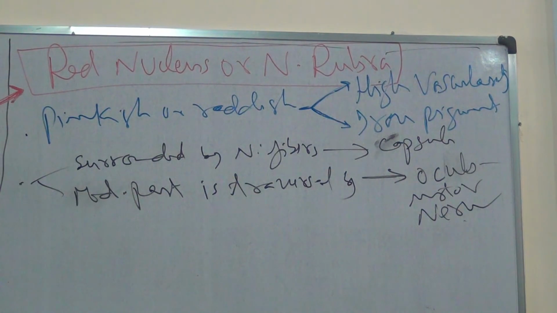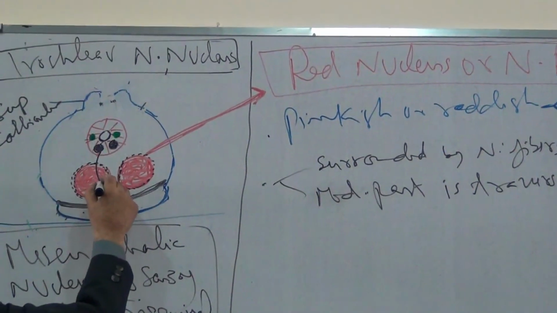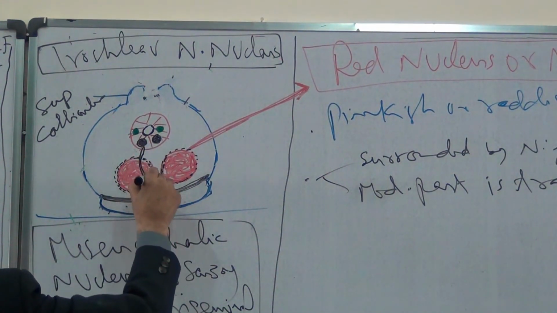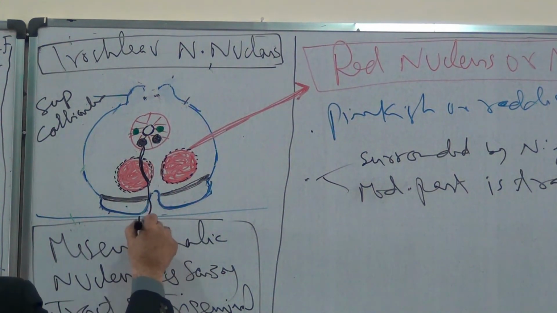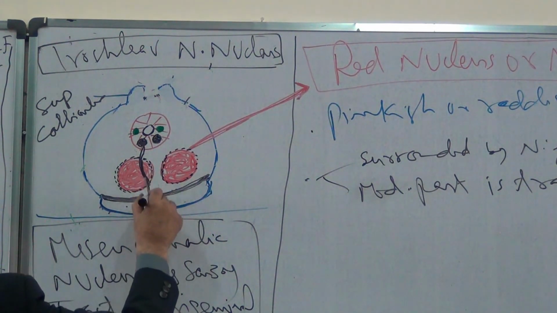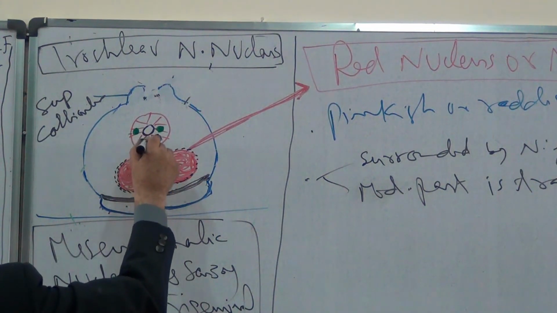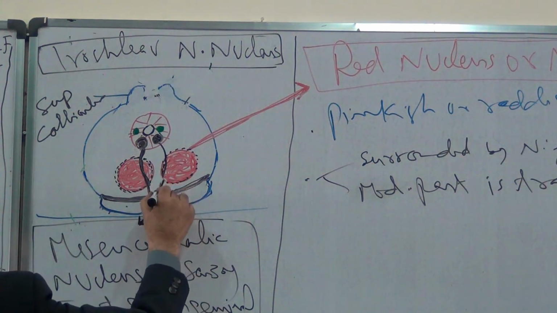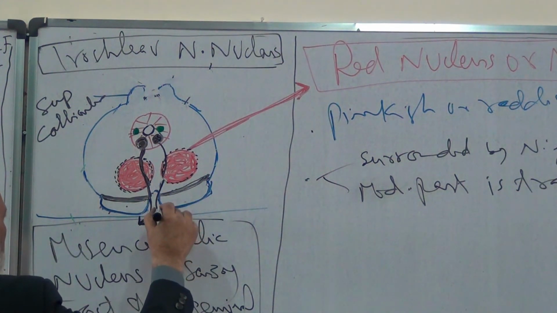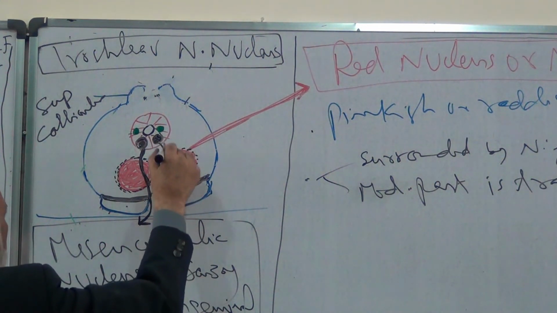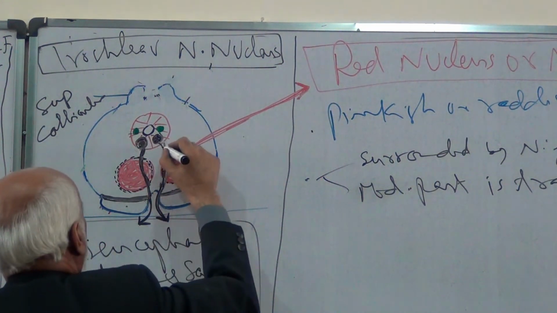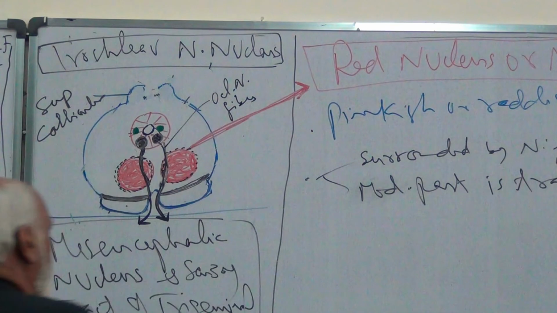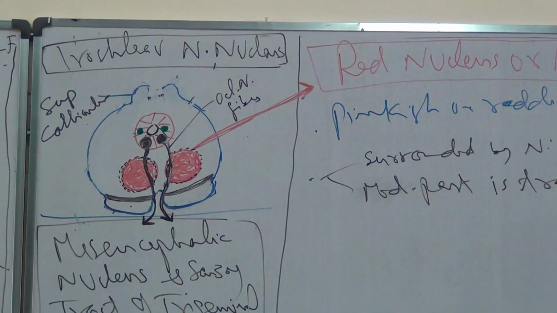Oculomotor nerve fibers arise from the oculomotor nuclei, run forwards and medially, and traverse the medial part of the red nucleus to emerge from the medial surface of the crus cerebri. This is the right oculomotor nerve and this is the left, traversing through the red nuclei.